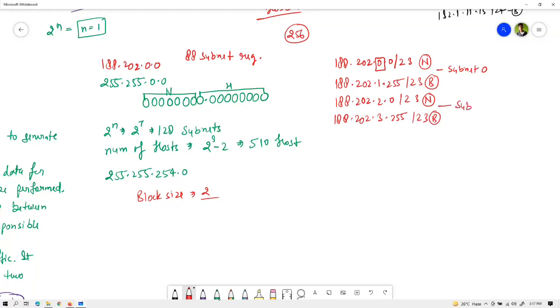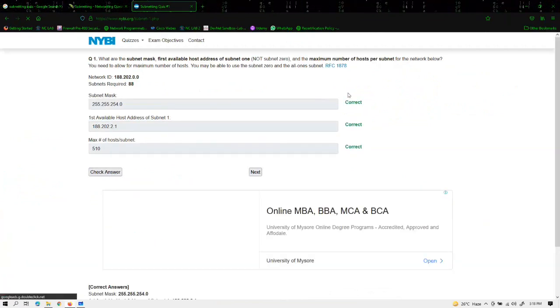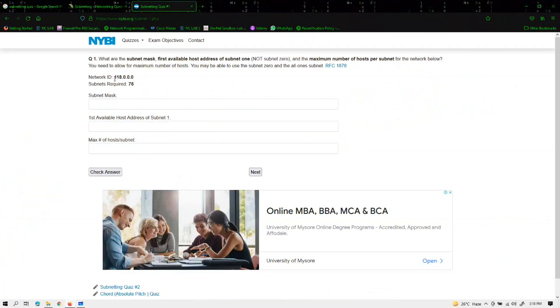This is subnet 1, and we need to find out the first host address, right? So it will be, of subnet 1, 2.1. 188.202.2.1. Now let's put this here. Check answer. Okay, they are correct.